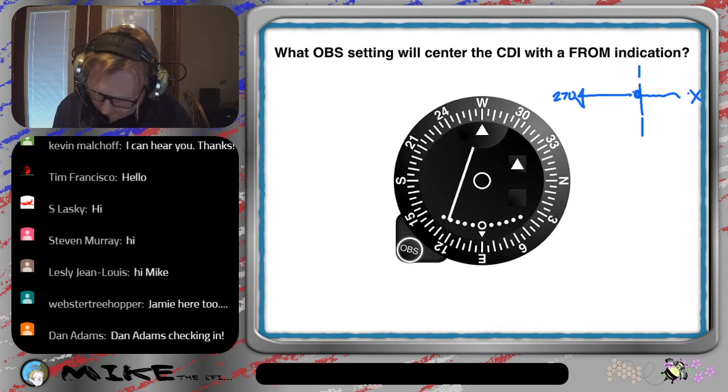And we have to go to the left. 2, 4, 6, 8. We'll call it 8 degrees. So we have to go to the left 8 degrees. So that means that we're somewhere over here on this side. How far over? 8 degrees over.